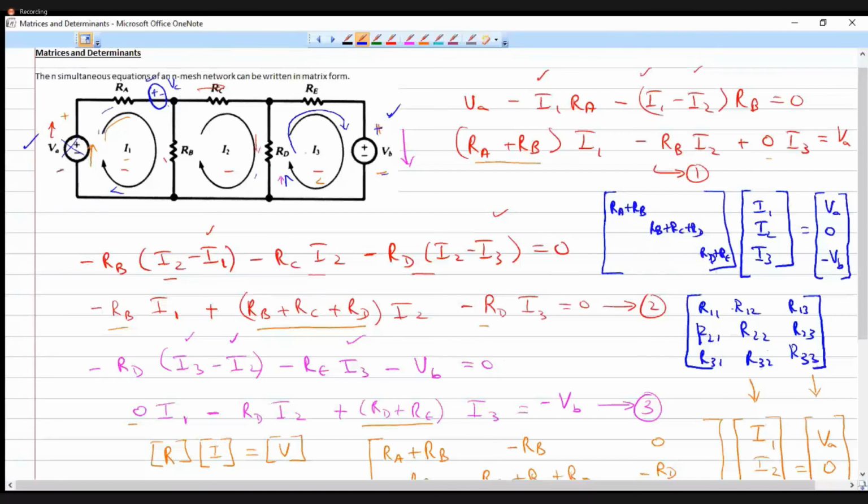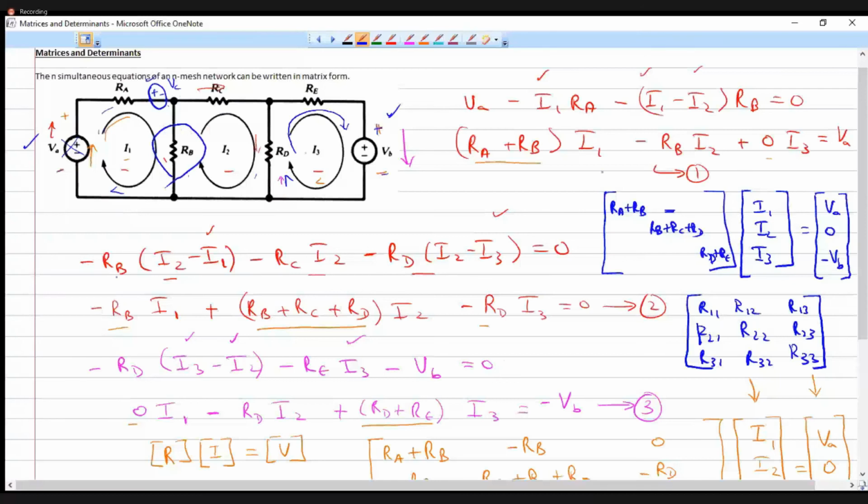What is the R12 element? It is minus RB, the branch element that is common to loop 1 and loop 2, and that is RB alone.